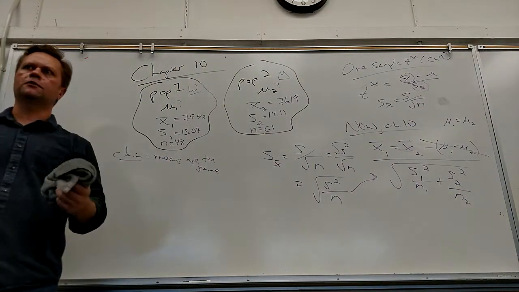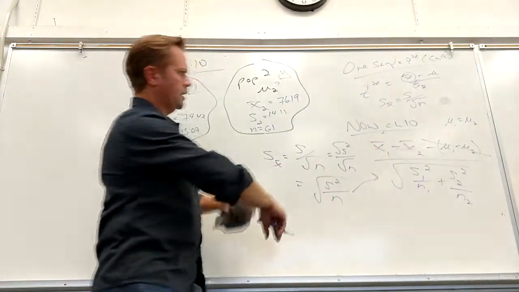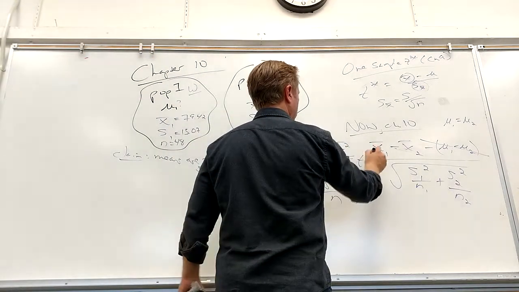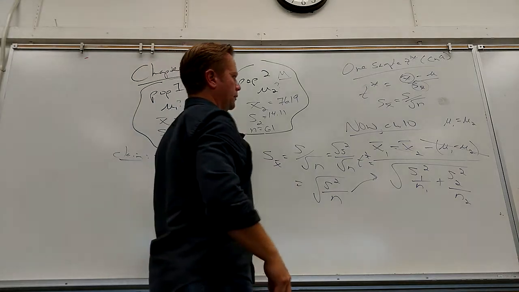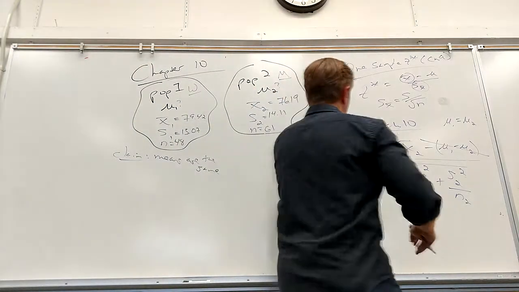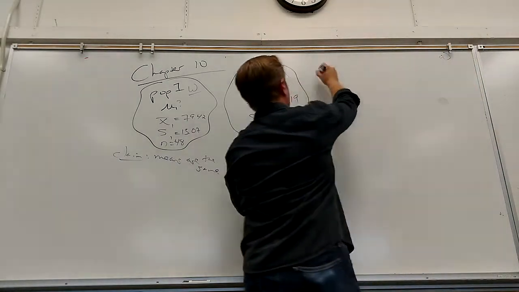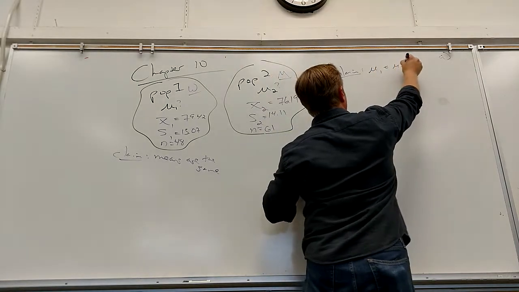Obviously, I've got 2 samples now, so something's going to change. Everybody's got the T-star formula written down somewhere, hopefully. The claim is that the means are the same.